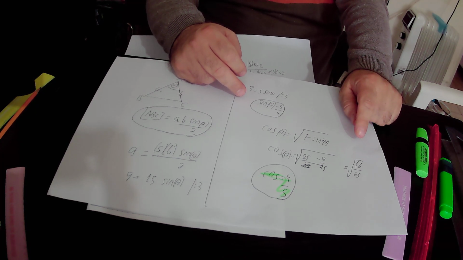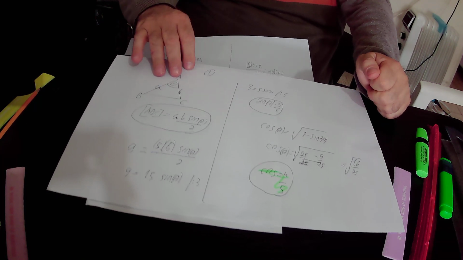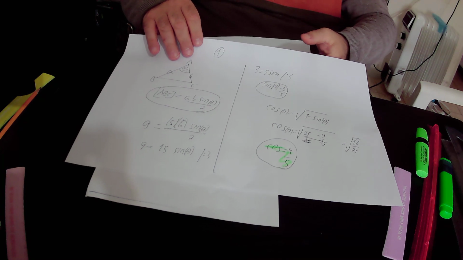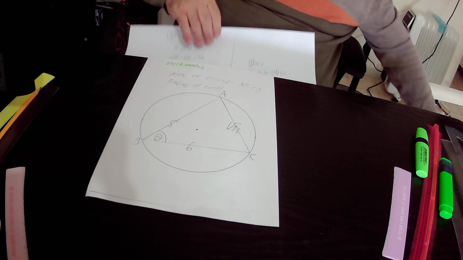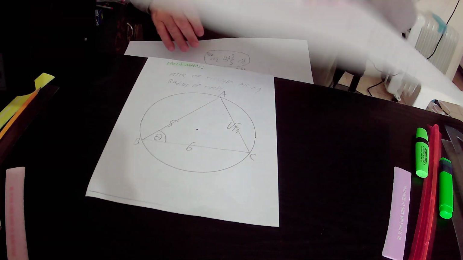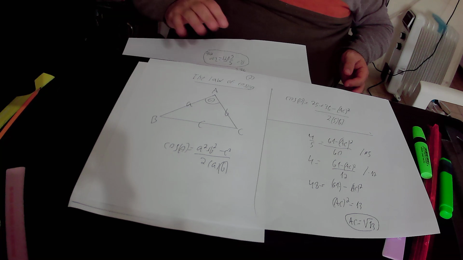The square root of 16 is 4, the square root of 25 is 5. So cosine theta equals 4/5.